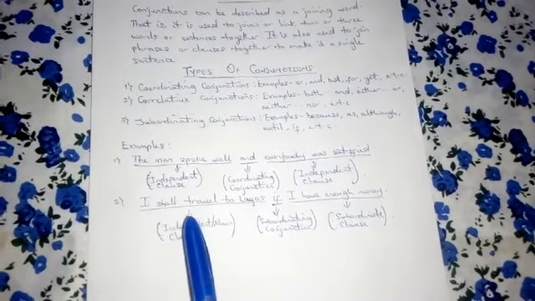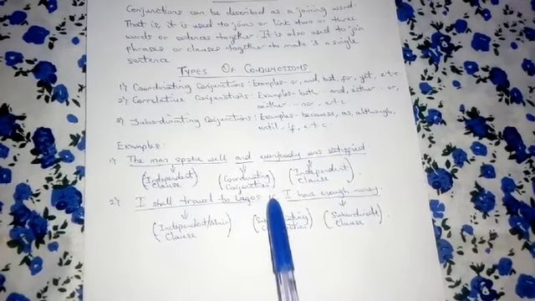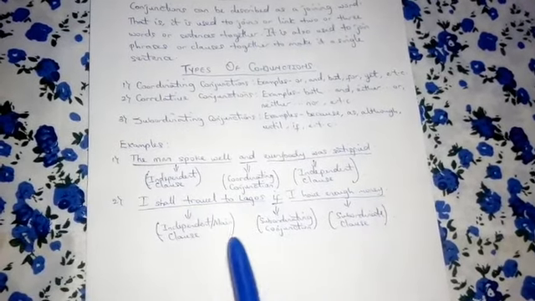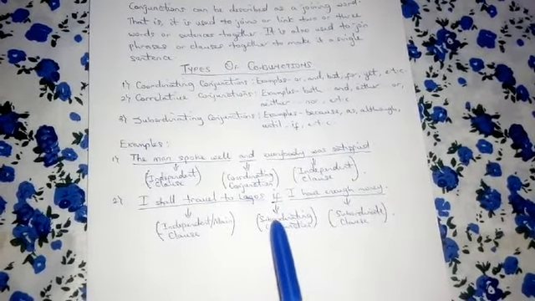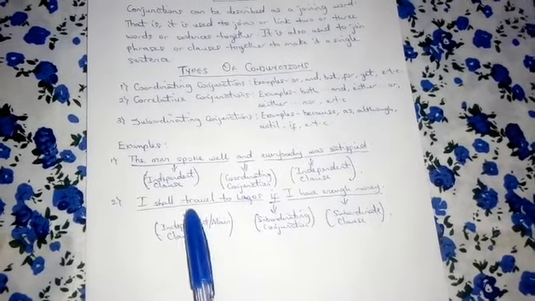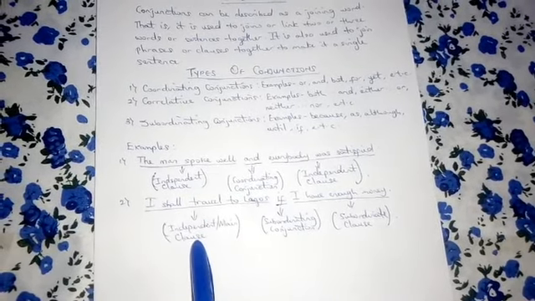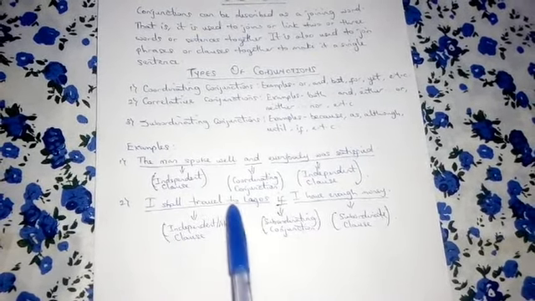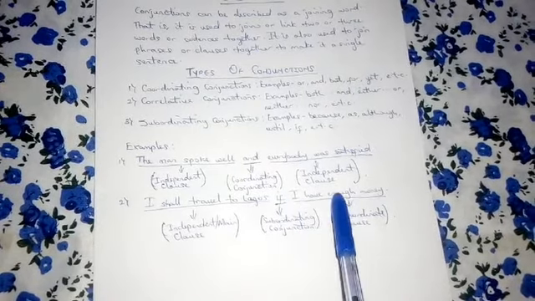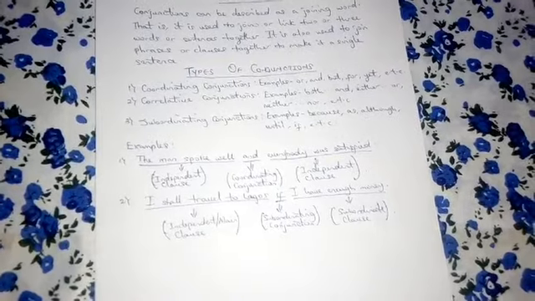You know, it wouldn't make sense if you say I shall travel to Lagos and I have enough money. That does not make any sense. But this if here has given more details for the main clause. I shall travel to Lagos if I have enough money. Now let's consider some other examples.